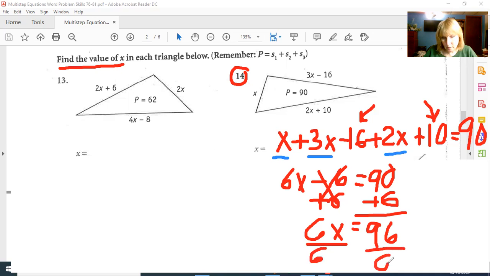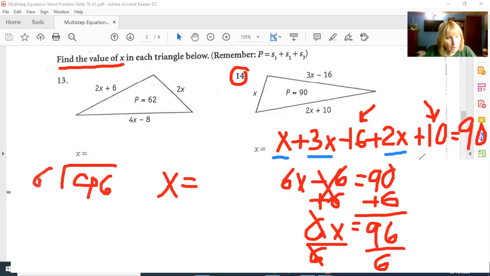This is our last step, and then we'll have x by itself. So x is going to equal whatever 96 divided by 6 is. If you don't know, you can always use long division. You can say 6 goes into 9 one time. 6 times 1 is 6. 9 minus 6 is 3.